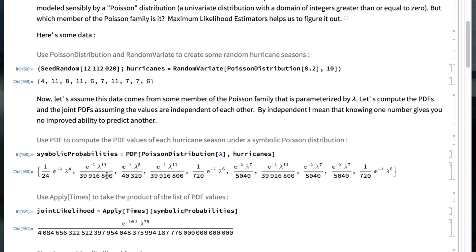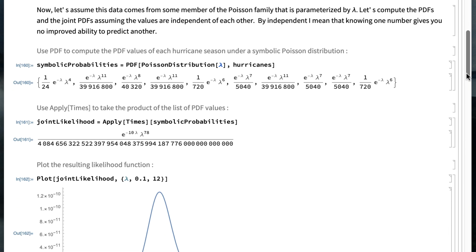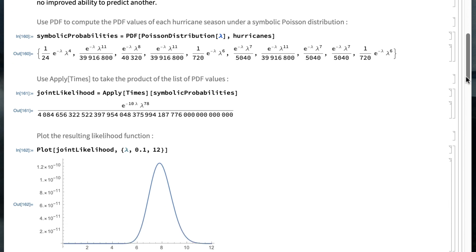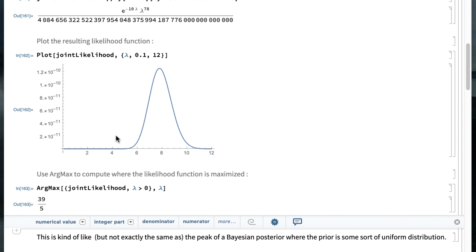We used the PDF function of a symbolic distribution to calculate the probabilities of each event symbolically. We multiplied all of those together to get the joint likelihood because we assumed that the events were independent from each other. And then we simply used magic or calculus to figure out where that value was maximized.